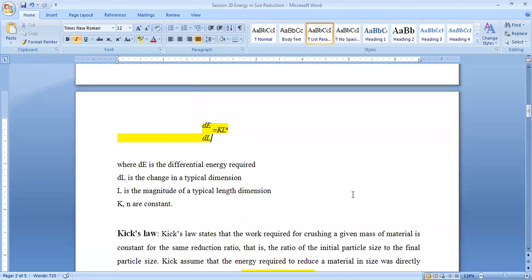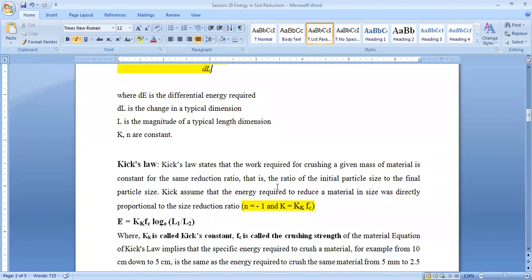Here dE is the differential energy required to bring a change of dL, L is the length dimension, and K and n are constants. All these theories revolve around dE over dL equal to KL to the power n.